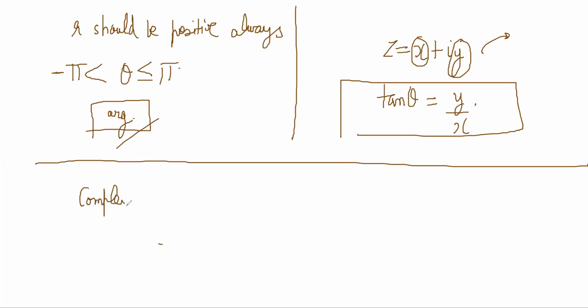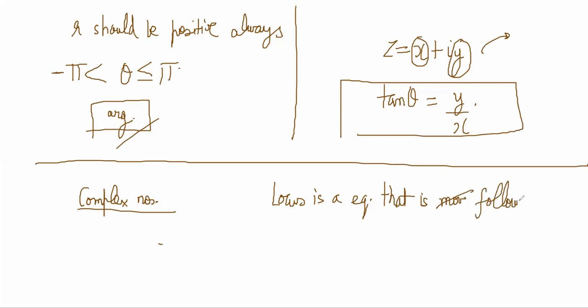So what is locus? Locus is an equation that is followed by a moving point. Basically, it's the path followed by a point.